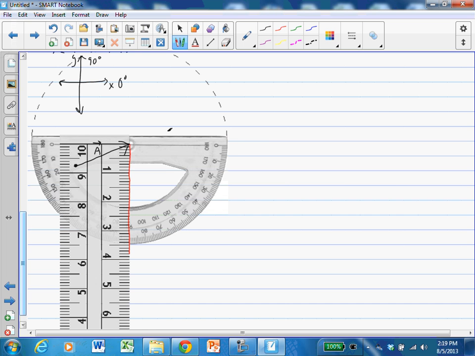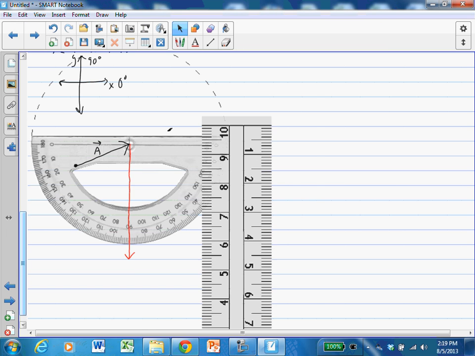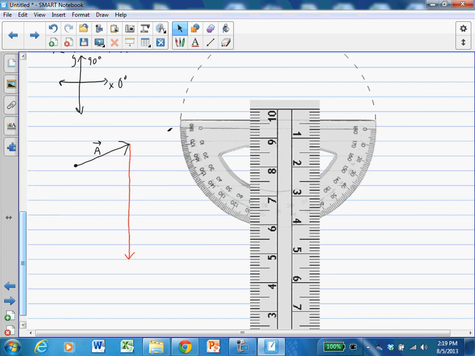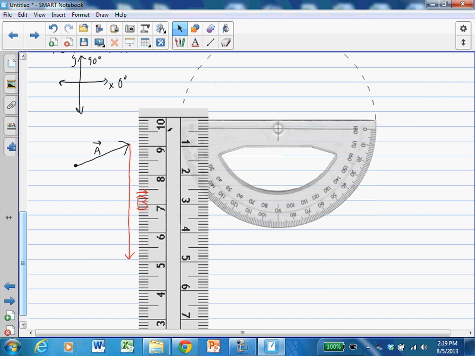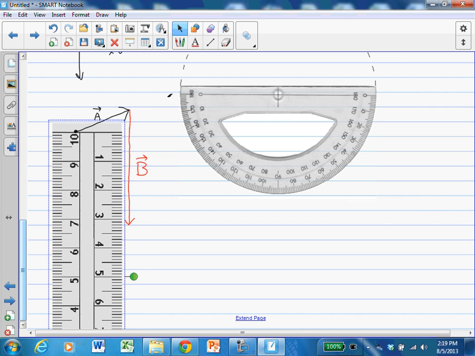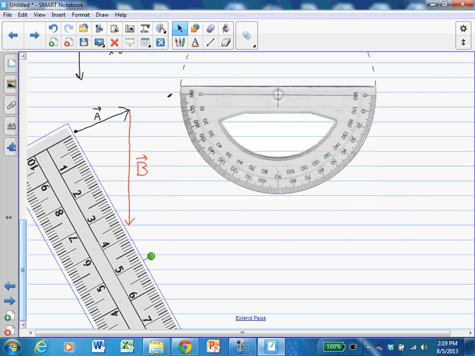Like so. Okay? And now I've drawn my B in. And now I have to draw in R. I know I start at the origin and go to the head of the last vector drawn, which is B.